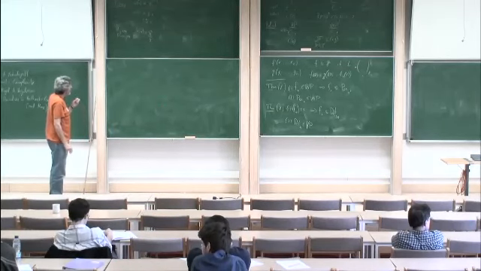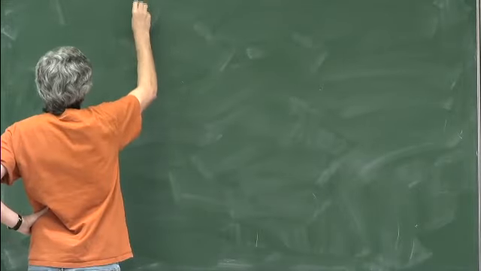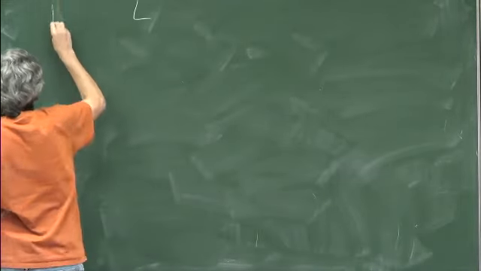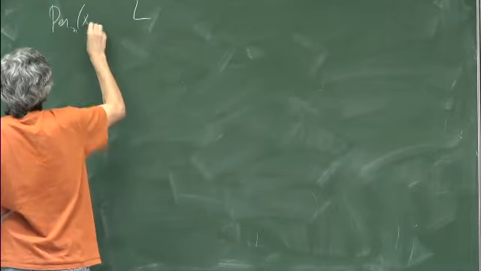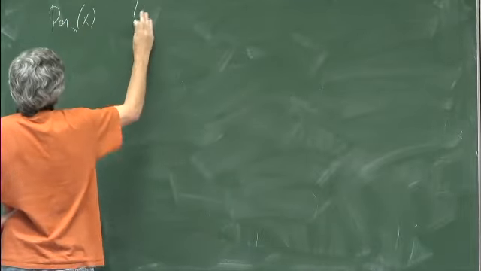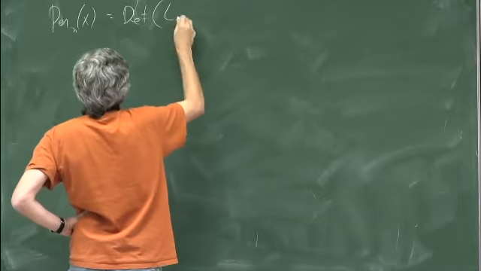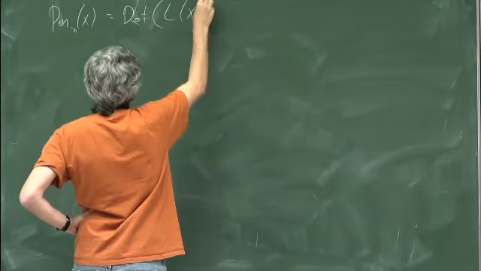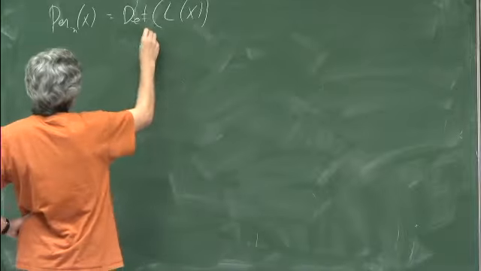Well, what you do is you notice that if the permanent of a matrix X is the determinant of L of X, where L is this, and this determinant.